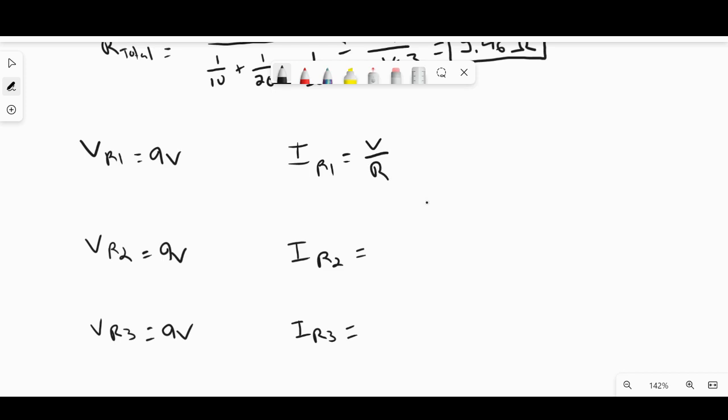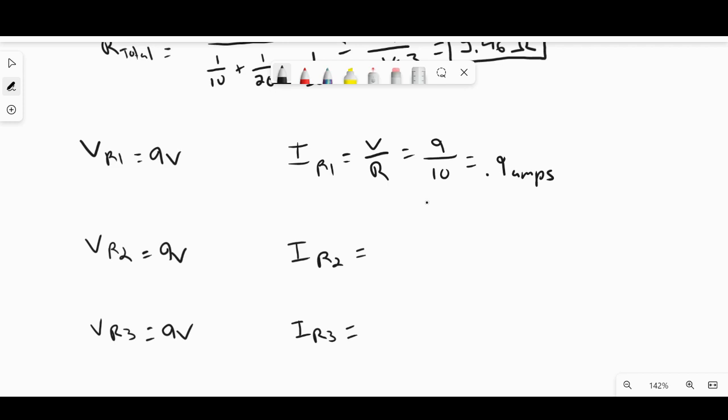In this case, the current across resistor 1, we know we have 9 volts divided by 10 ohms. And 9 divided by 10 should simply give us 0.9. So current across resistor 1 is 0.9 amps. All right, let's do the same for resistor 2.